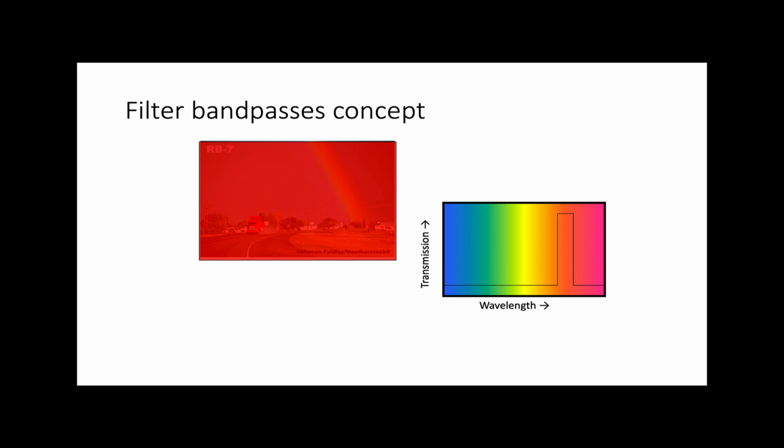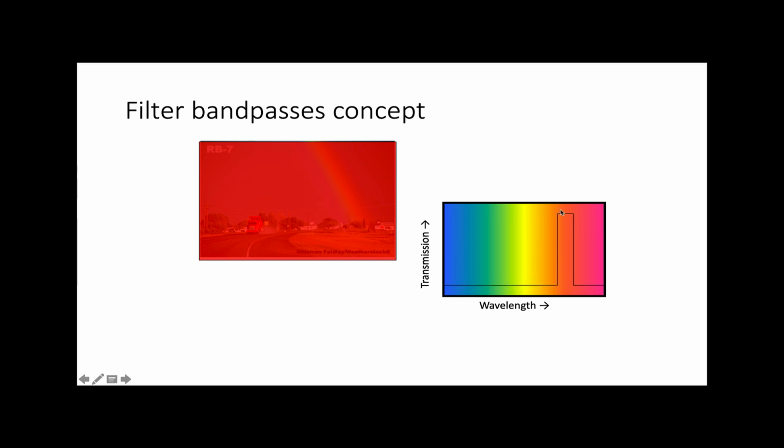So here's sort of another step towards quantifying this understanding of filters. I've got a schematic plot here of transmission as a function of wavelength. And ideally, an idealized filter, which doesn't actually exist in real life, but an idealized red filter would only let light in that's red. So nothing blue, nothing green, nothing yellow, nothing orange.